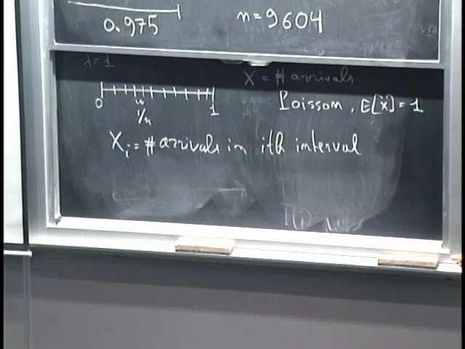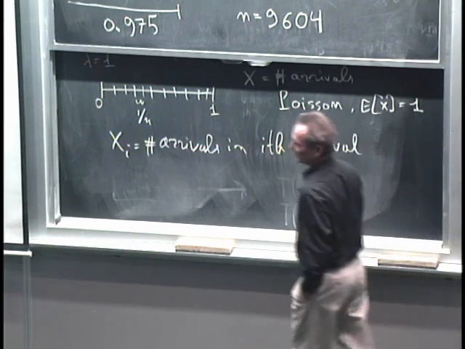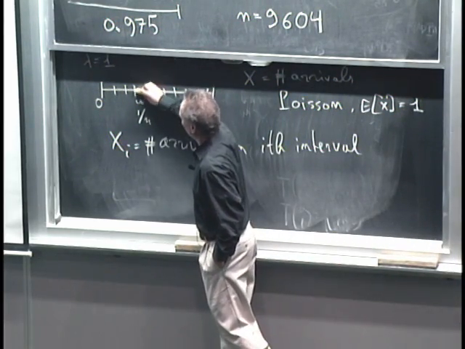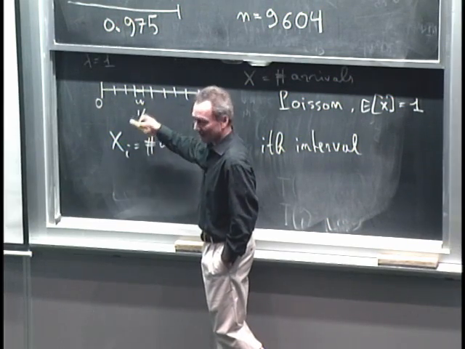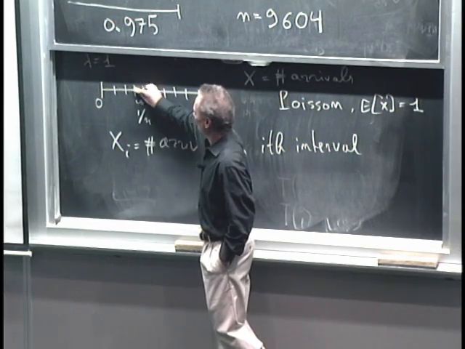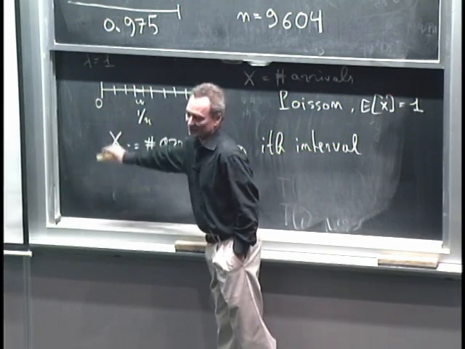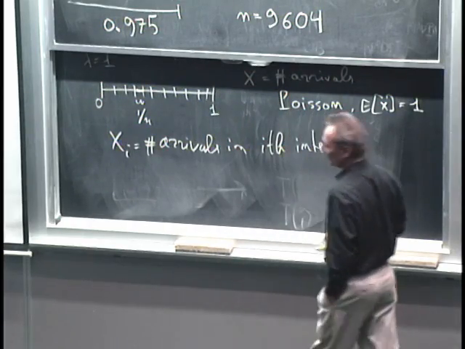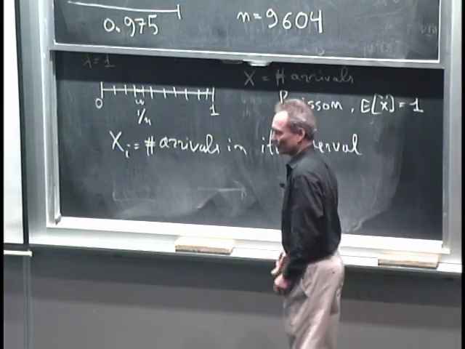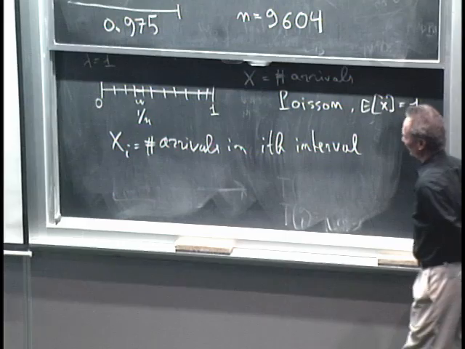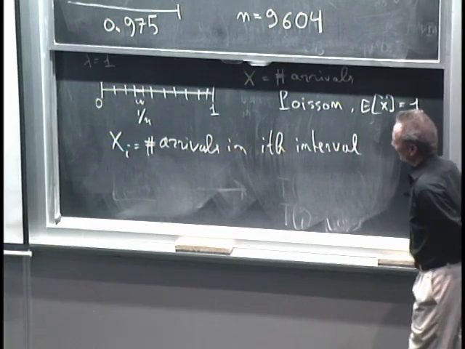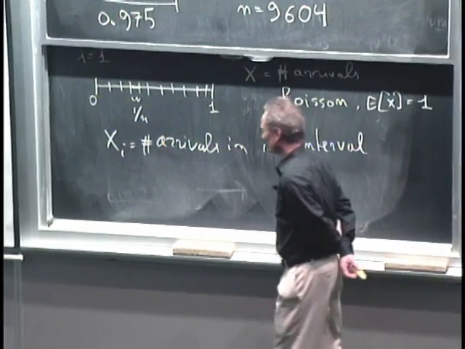They are themselves Poisson. It's a number of arrivals during a small interval. We also know that when n is big, so the length of the interval is small, these xi's are approximately Bernoulli with mean 1 over n.